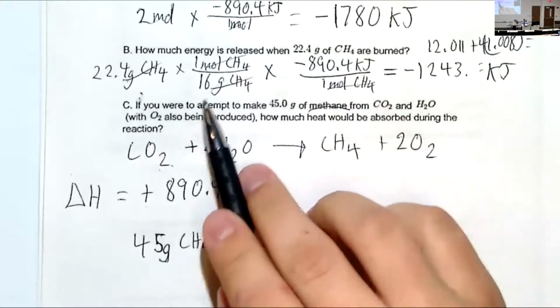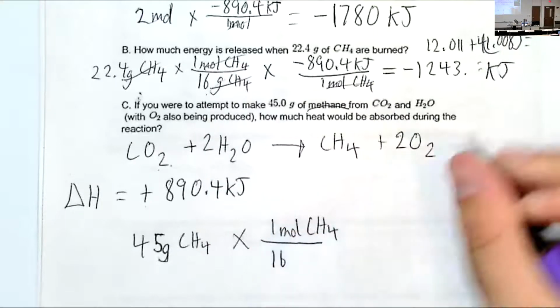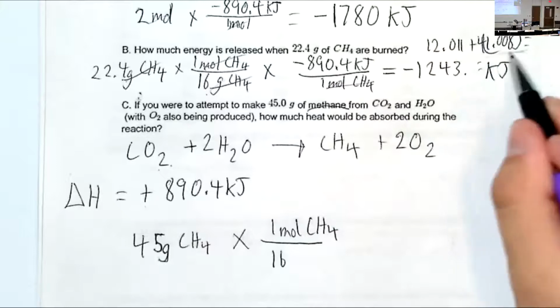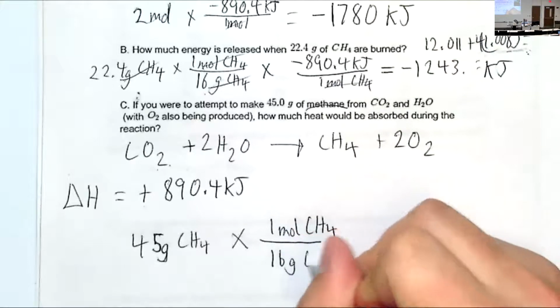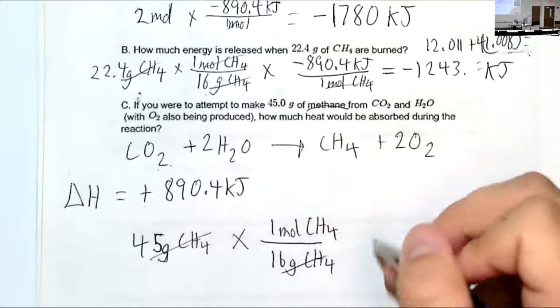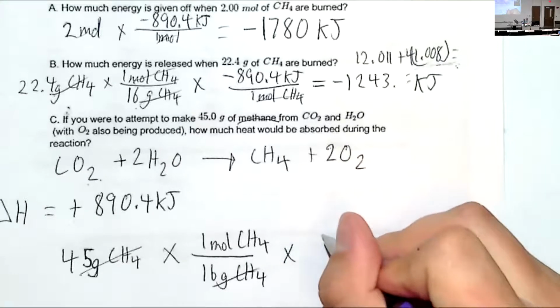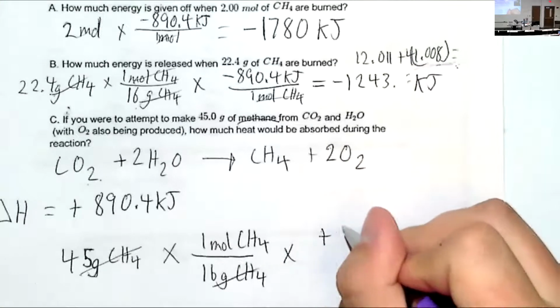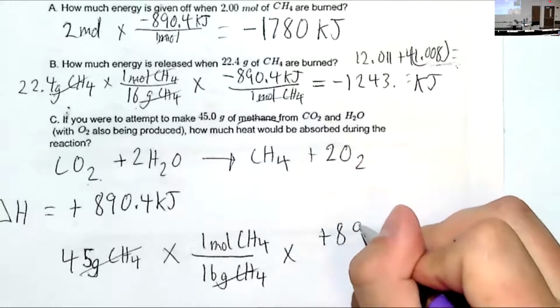And then we're going to use our 16, or to be more specific, you would use your other molar mass. Boom. And we go to use, put a plus sign because we're converting to kilojoules now.